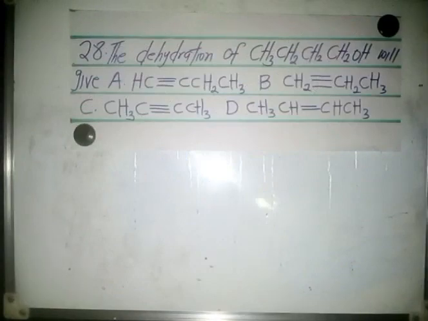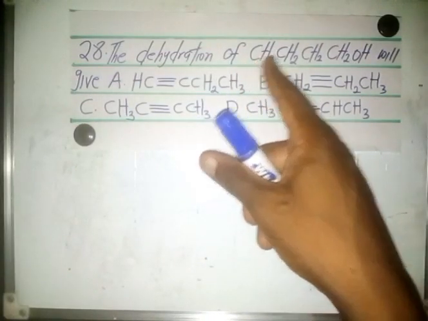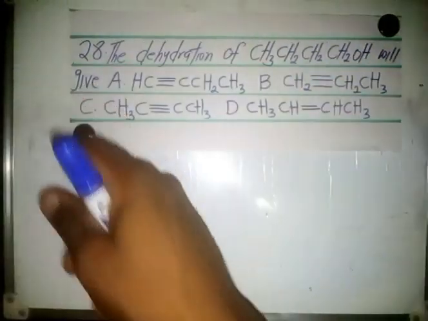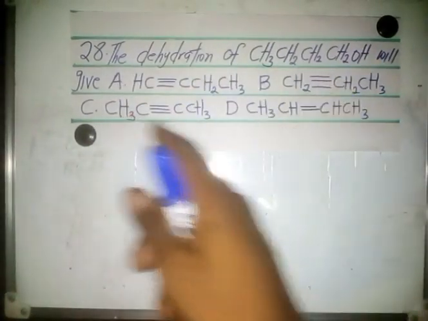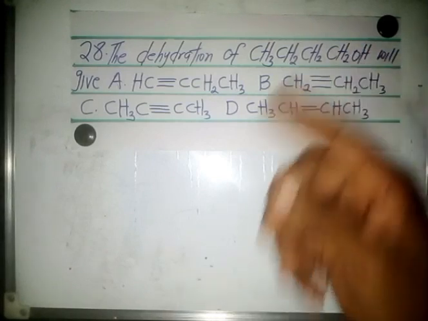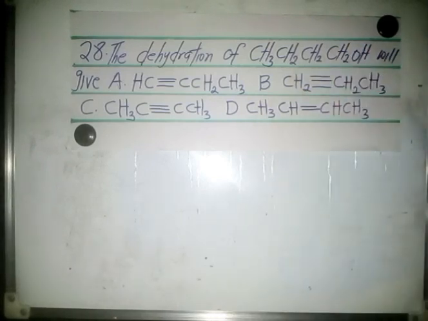28. The dehydration of this butanol or but-1-ol, we have this, and this. Right? So when you dehydrate this compound, you are supposed to get an alkene. That's what we'll get.